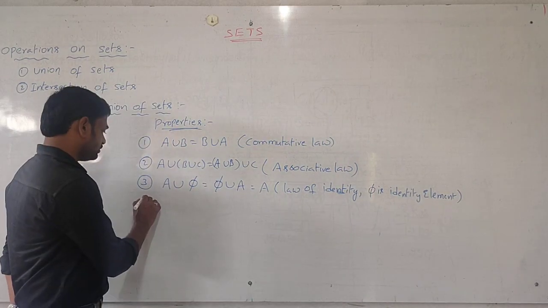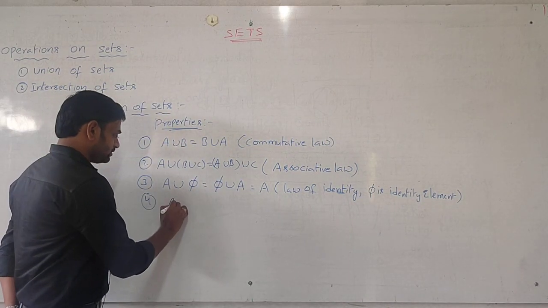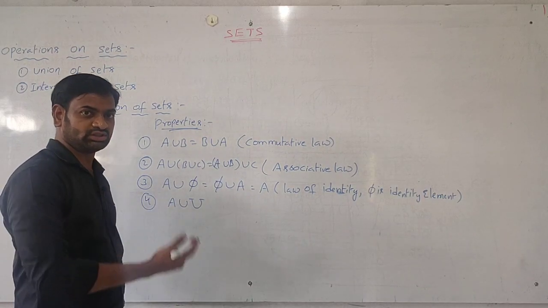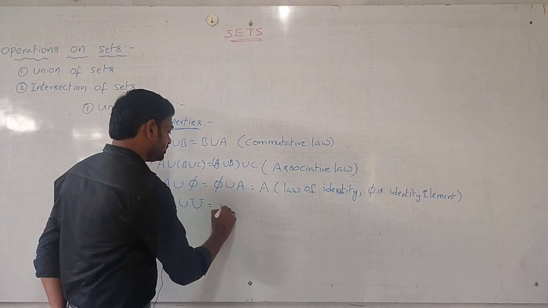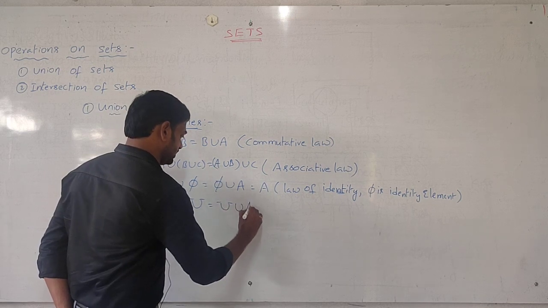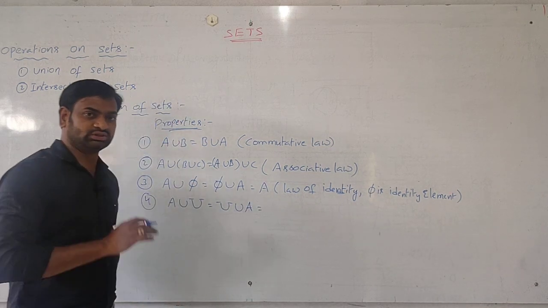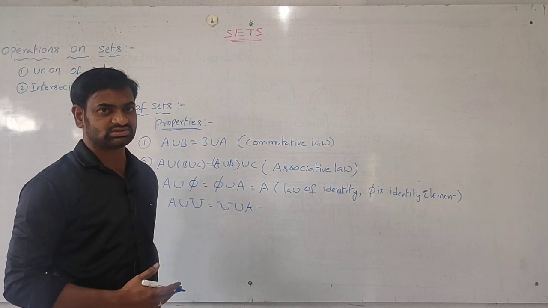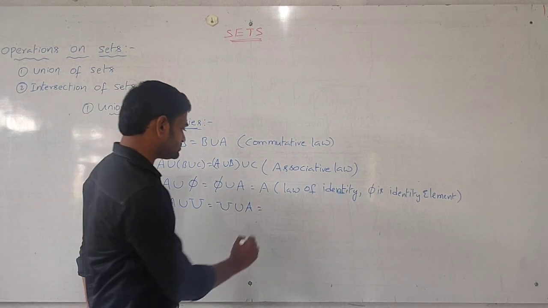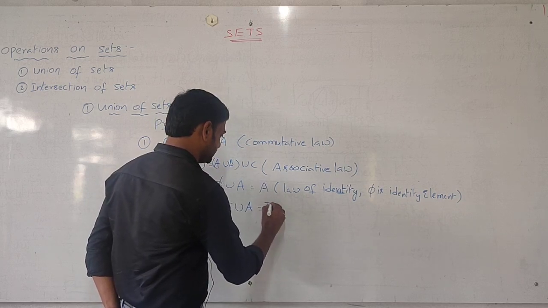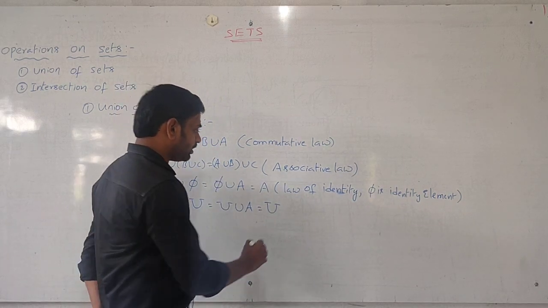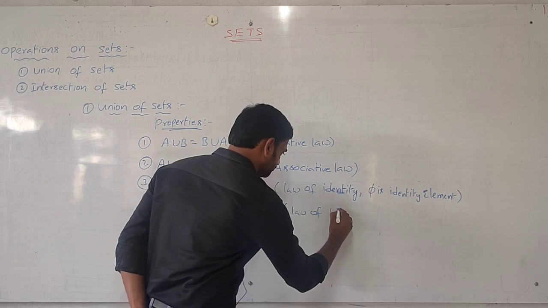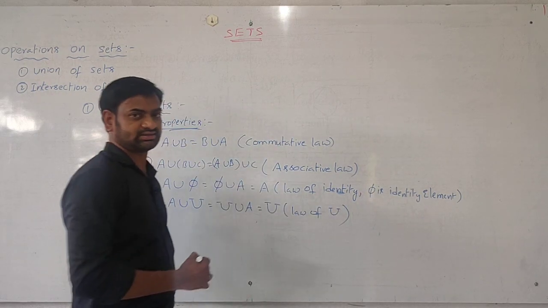Next, fourth one is A union U or U union A. In the universal set and capital A, which is the big set? Always the universal set. So the answer is U, capital U. So it is the law of U, the universal set.